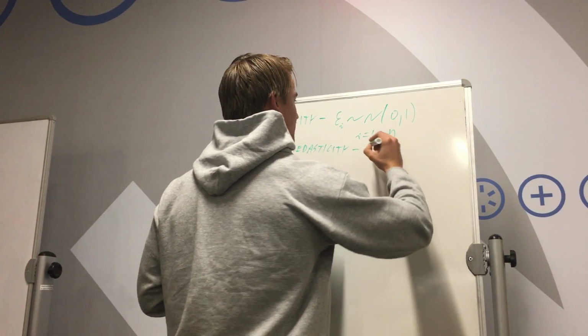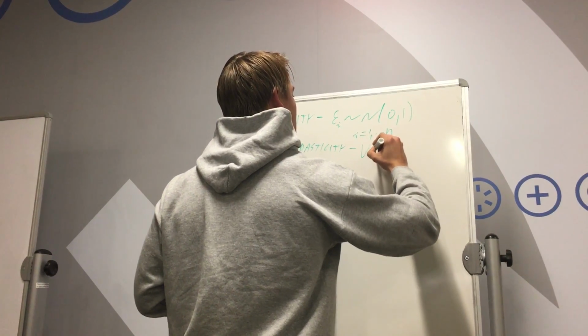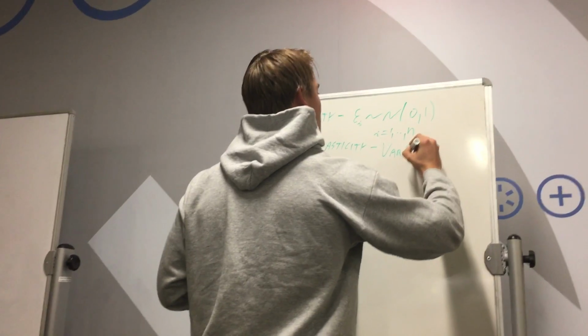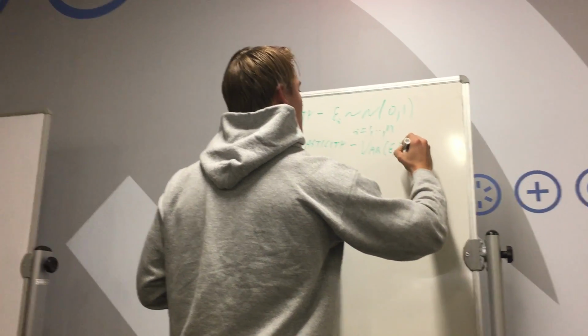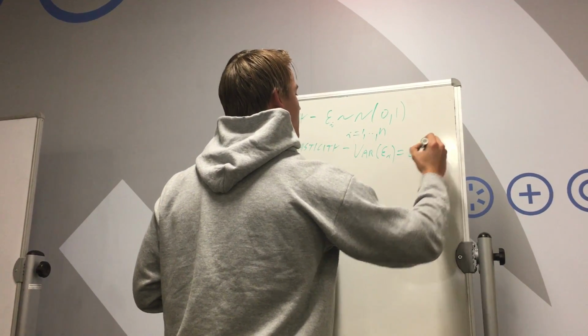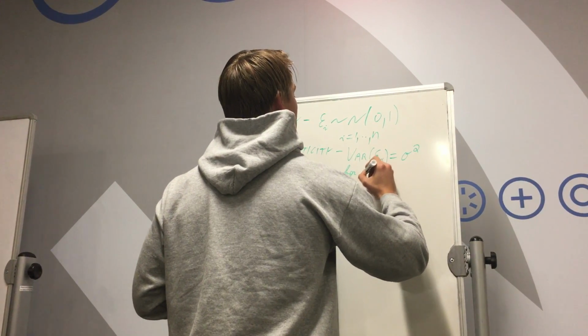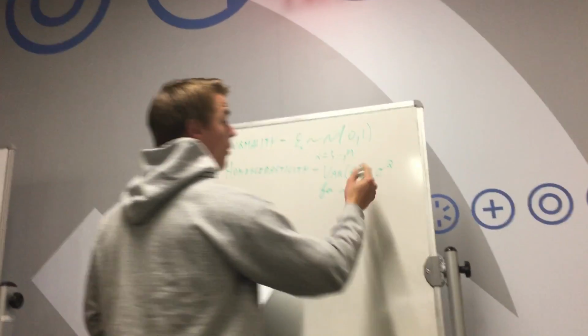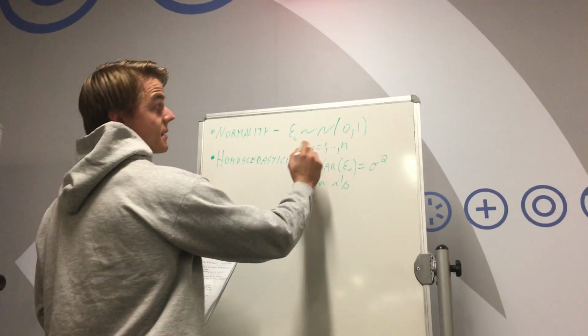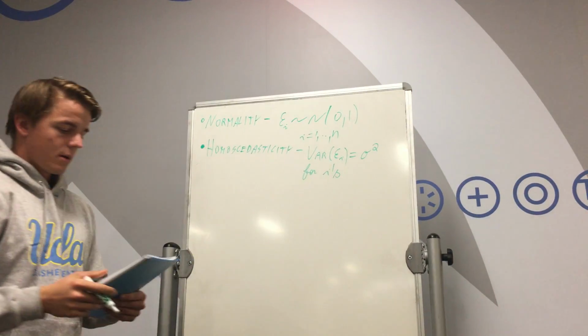Therefore, we can show it by the variance being the same for all i's, and i is also between 1 and n.